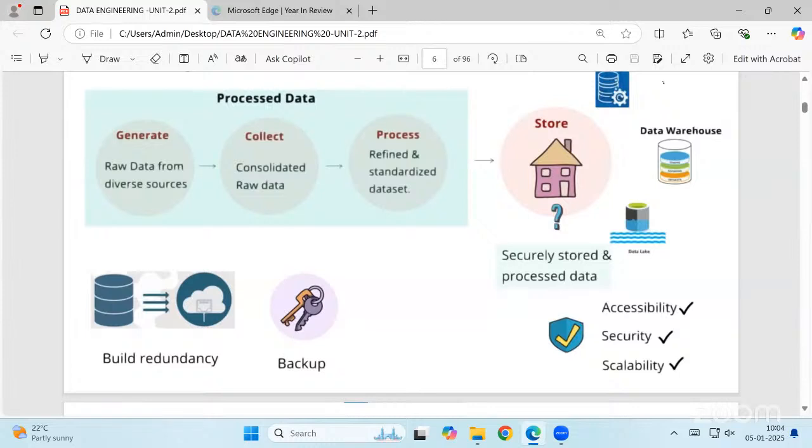We need to duplicate the data. That is called redundancy. Redundancy means having the data copy at multiple locations, so that if you lose the original copy, you will have the backup copy. Because storages are locations that contain physical devices.